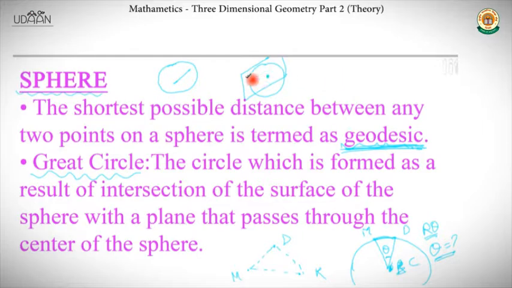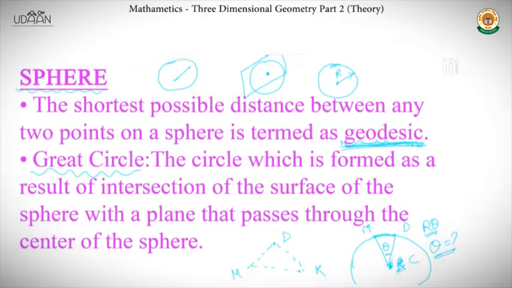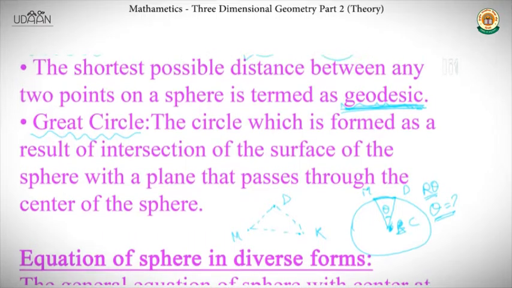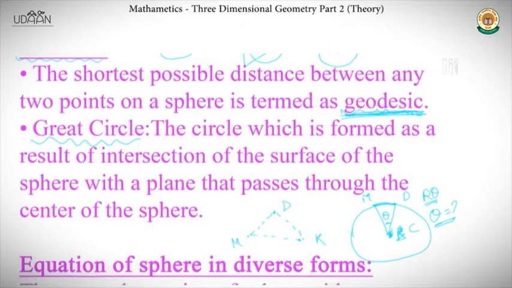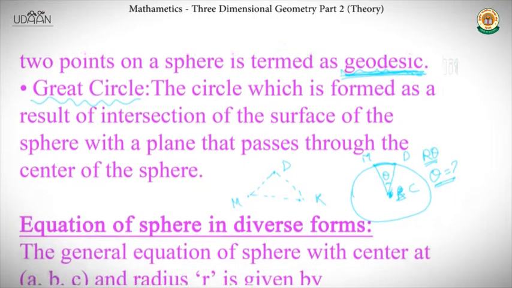So this plane would cut out a perfect circle with radius equal to the radius of the sphere itself. So a great circle would be the largest circle possible to cut out through a plane. There can be infinitely many great circles, because the planes from which we are cutting the sphere can have any orientation.